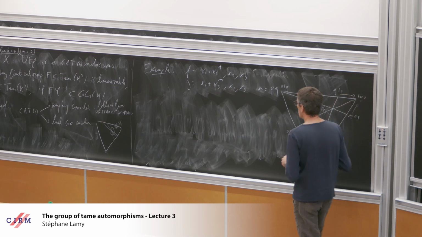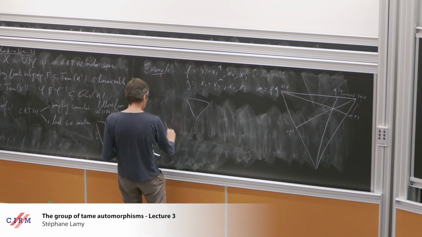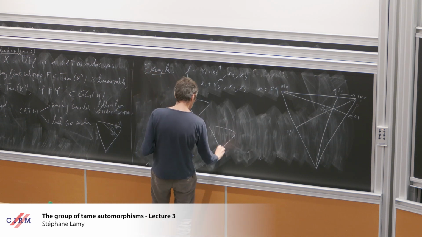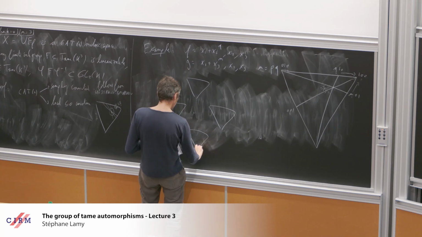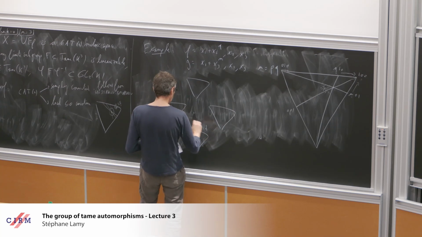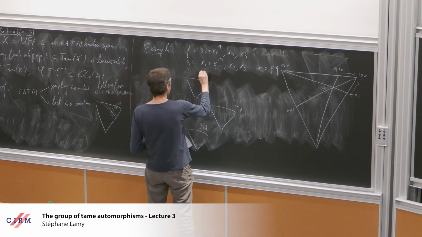And now I look at the 4 apartments. So I have 4 apartments, which are the identity, the apartment of F, the apartment of G, and the apartment of the product, which is FG or GF.